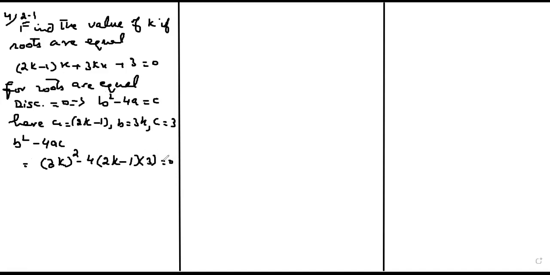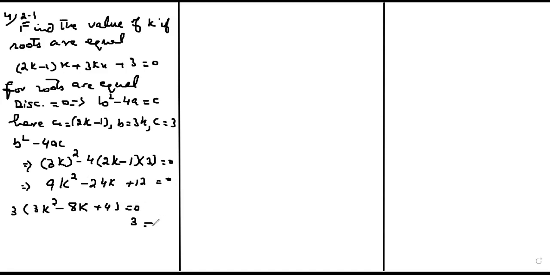So we have 9k square minus 24k plus 12 equals to 0. Taking 3 common, okay? So 3 common, we have 3k square, 3 8s are 24, and 3 4s are 12. So 3 is not equals to 0, implies 3k square minus 8k plus 4 equals to 0.